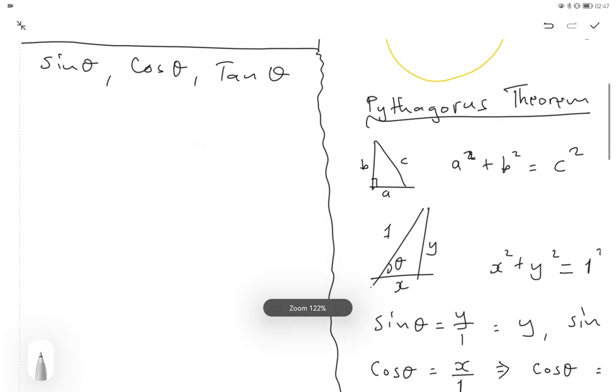What will happen if you take 1 divided by sin theta? It is going to give us cosec theta.